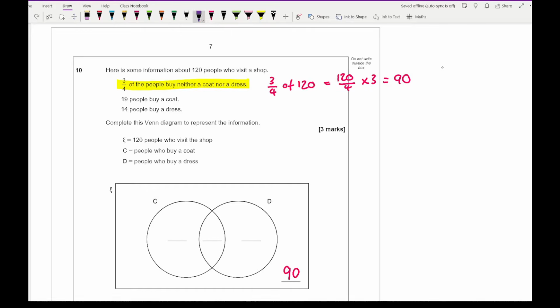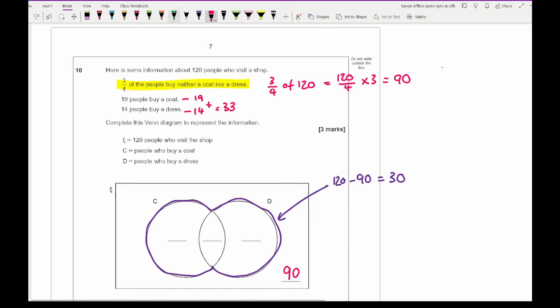Now in terms of what we've got in these two, coat or dress, well, that's going to add up to the bit that's left. So it's going to be 120 minus 90 equals 30. Now if I just add up these two amounts, 19 and 14, I get an answer of 33.